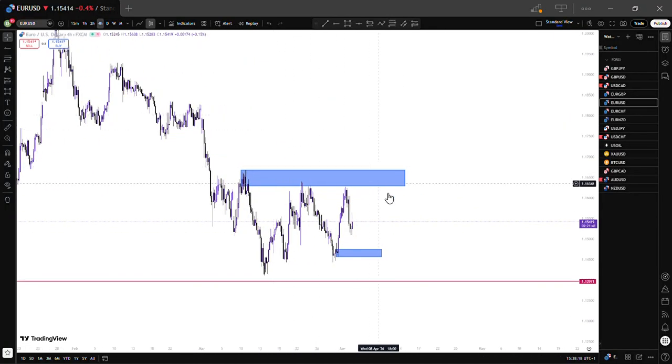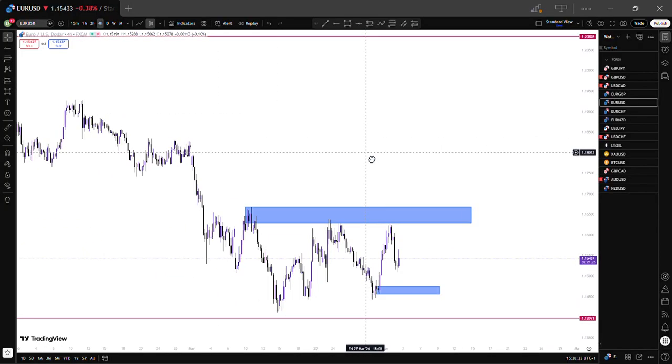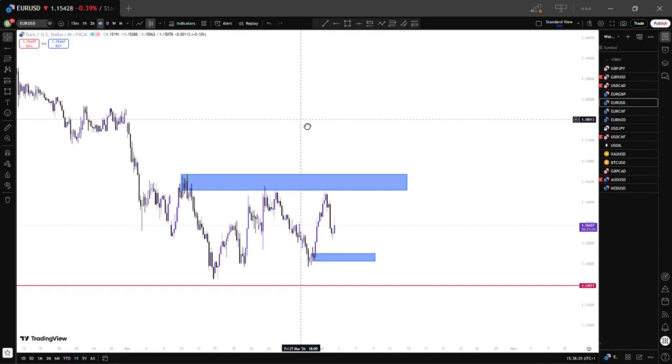So honestly, it would be somewhat difficult for us to expect a move to the upside, to expect the market to continue going up, because on the higher time frame, the market is going down. But don't forget, it's the market. What we are supposed to do is go with the flow, not try to dictate the flow, right?